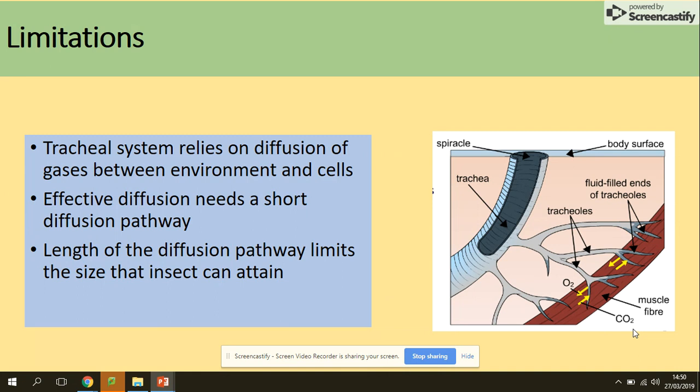The tracheal system relies on diffusion of gases between the environment and the cells. Effective diffusion needs, of course, a short diffusion pathway, so this is why insects cannot be bigger than they are, and the length of the diffusion pathway limits the size of the insect.